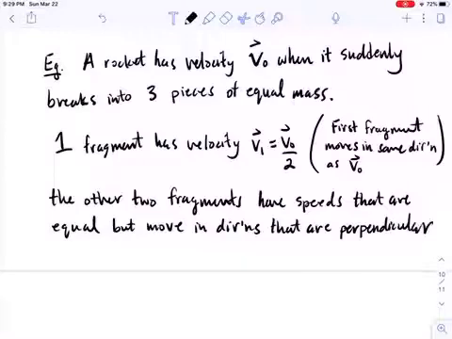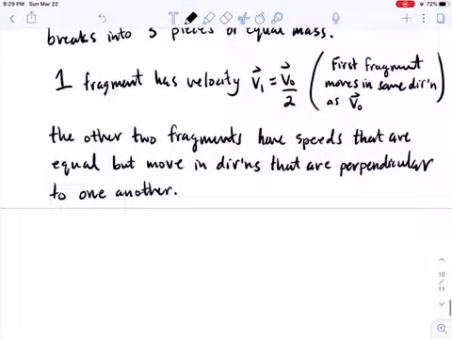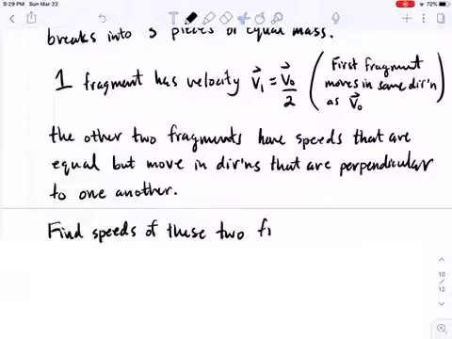Okay, so that's all the information we're given, and the question is to find the speeds of these 2 fragments.